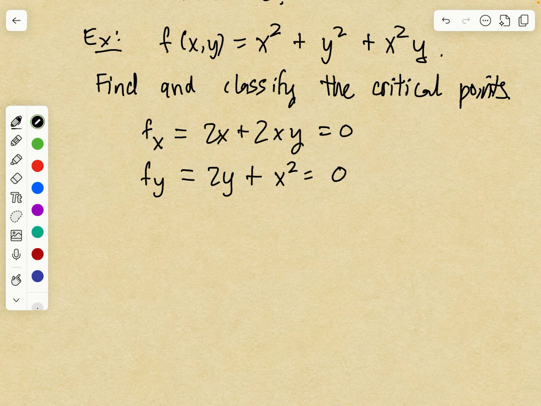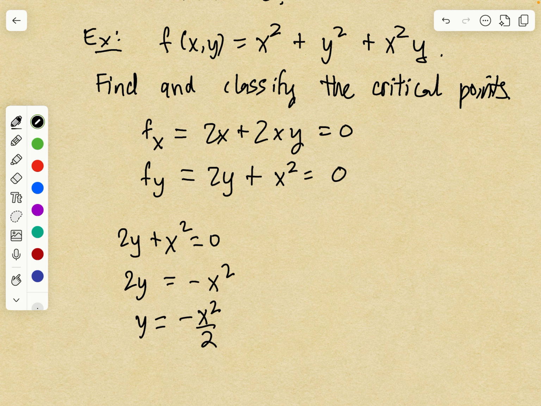Now from the second equation, I can solve for y in terms of x. So I get 2y plus x squared is 0. That means that 2y is negative x squared, so y is negative x squared over 2.